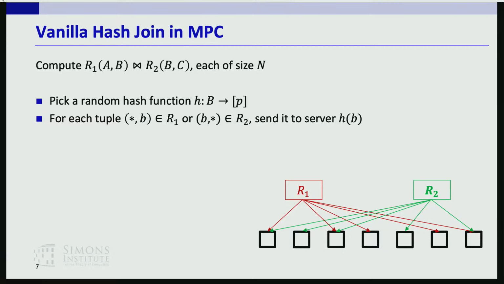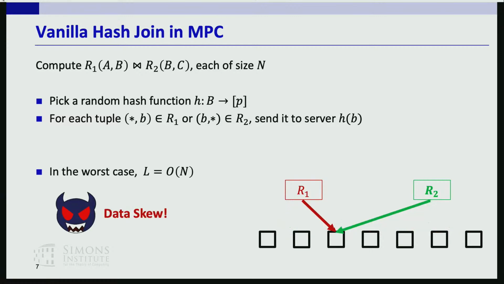It works well if all the join values have relatively small degree in both relations. However, in the worst case, when all tuples have the same join value, all data will be sent to the same server, no matter which hash function is applied to the join attribute. So in the worst case, the load complexity can be as large as the input size.